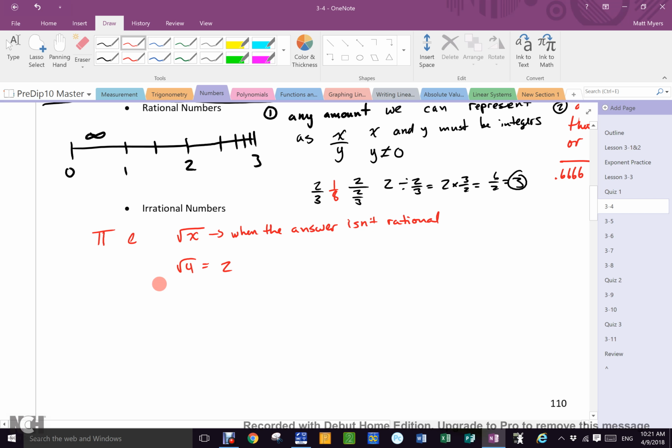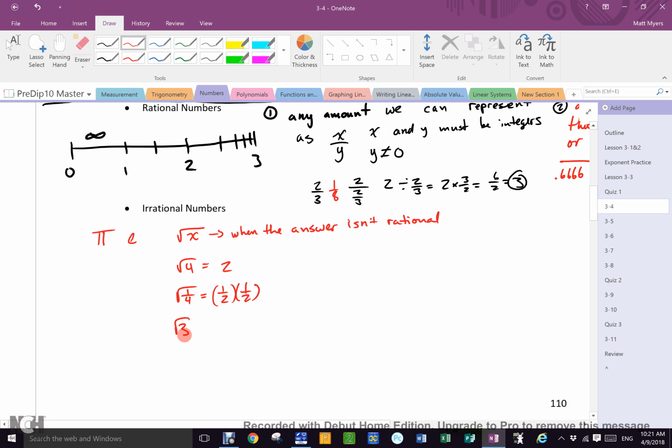Everybody with me? What's the square root of 1/4? Find out. 1/2. Because 1/2 times 1/2 is 1/4, right? Is that rational? Yeah. So that means the square root of 1/4 is rational. Is everybody cool with that?